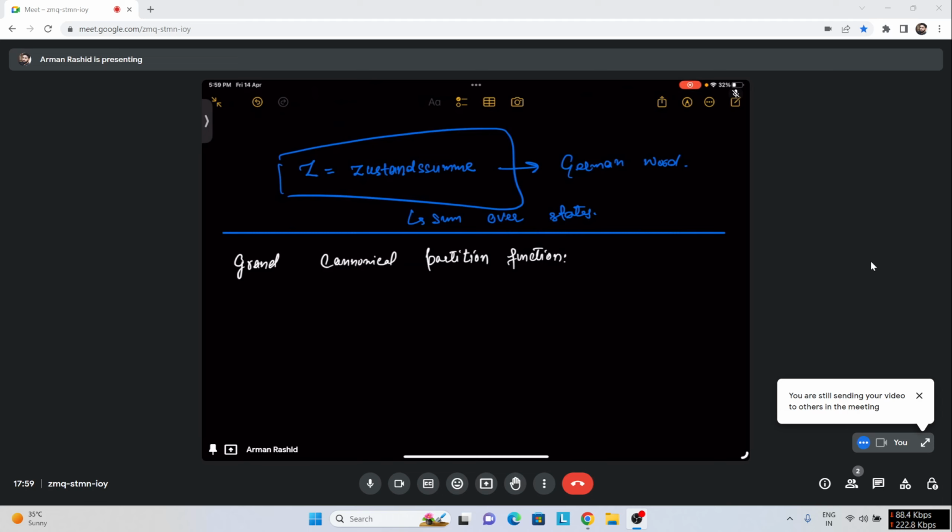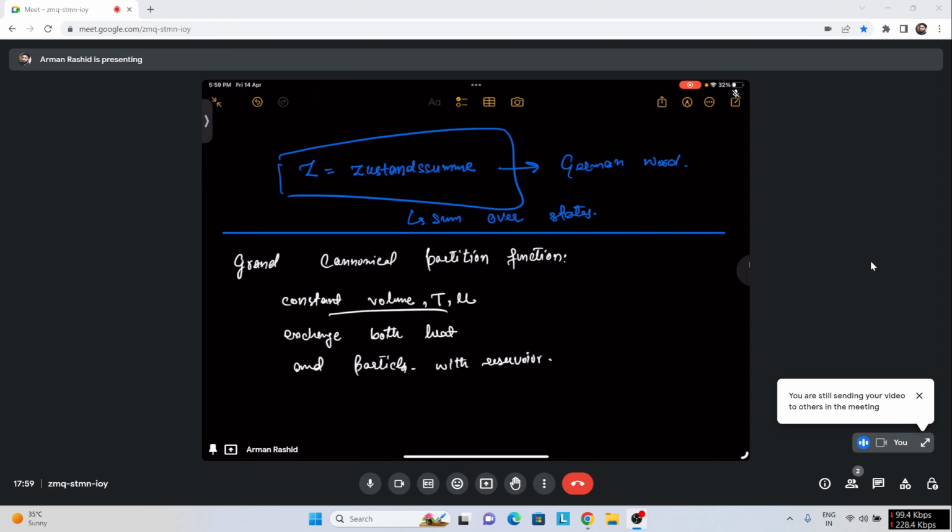It describes the statistics of constant volume, and it can exchange both heat and particles with a reservoir. So it has only constant volume, but it has constant temperature and constant potential. Thus it can exchange both heat and particles with the reservoir. This constitutes the grand canonical partition function.